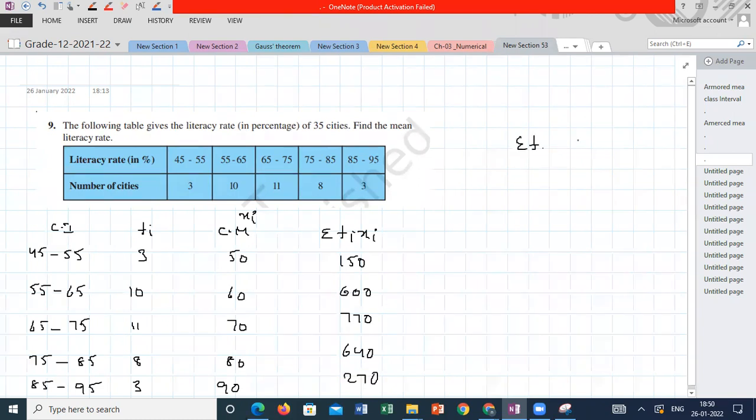Sigma Fi is equal to 35 because it is given: 3 plus 10, 13, 14, 24, 32, 35. Sigma Fi Xi adds up to 2430. Is it 2430, students?